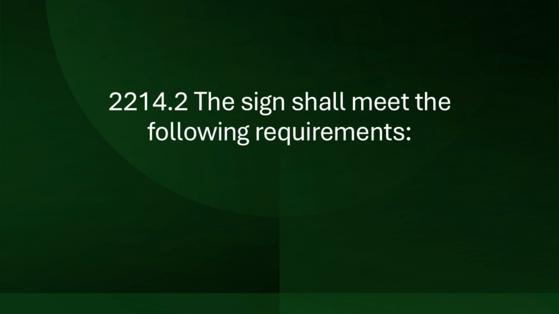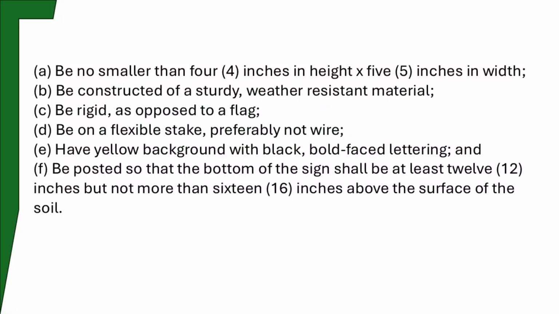2214.2. The sign shall meet the following requirements. A. Be no smaller than 4 inches in height times 5 inches in width. B. Be constructed of a sturdy, weather-resistant material. C. Be rigid, as opposed to a flag. D. Be on a flexible stake, preferably not wire.